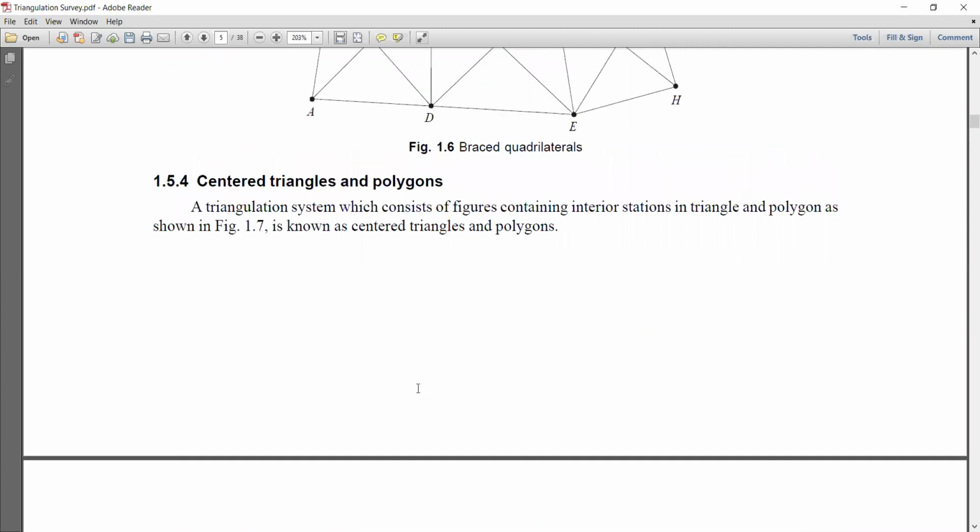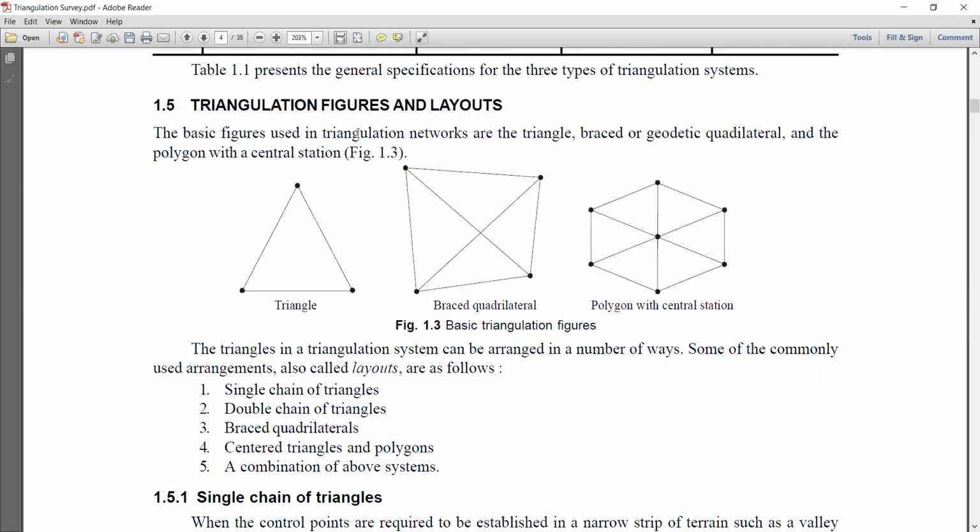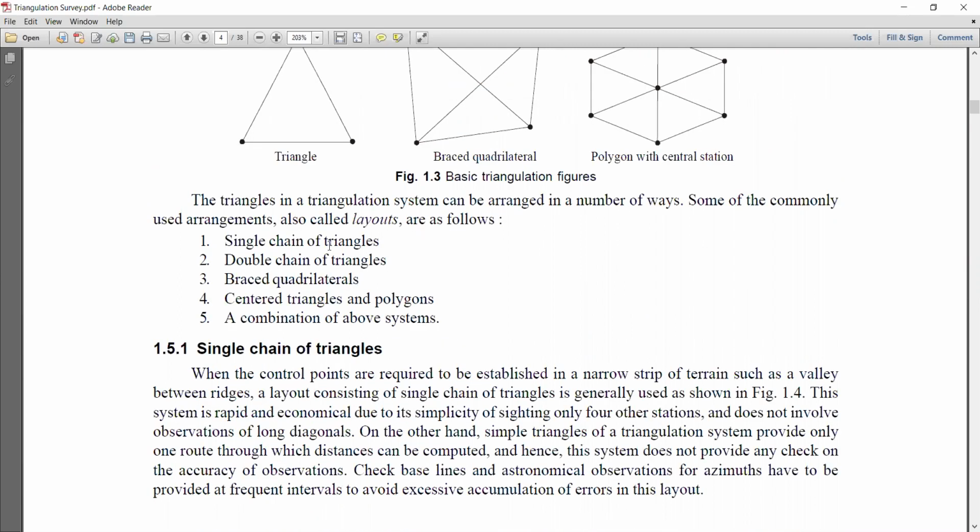This is what the different triangulation figures and layouts are: a single chain of triangles, double chain of triangles, braced quadrilateral, central triangles and polygons, and a combination of all the above systems which can be plotted.